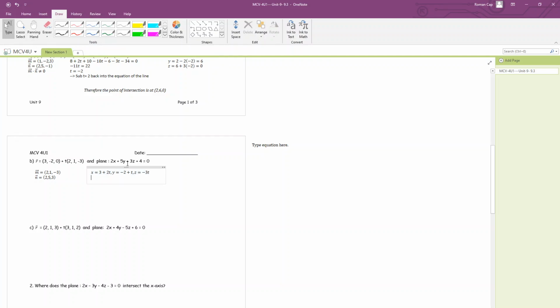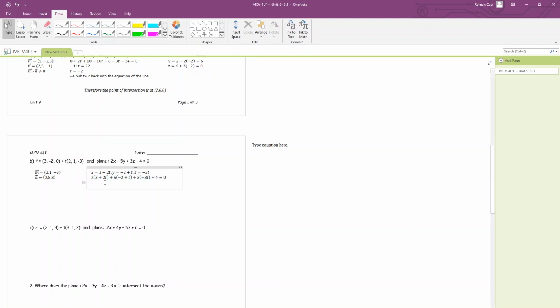So now we're just going to plug this back into the equation of the plane. So we're going to get 2 multiplied by (3 + 2t) + 5 multiplied by (-2 + t) + 3 multiplied by (-3t) + 4 is equal to 0.